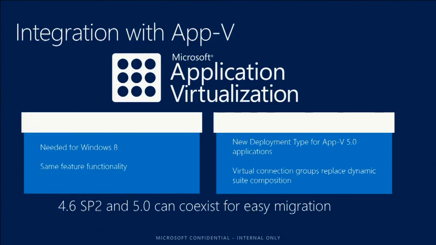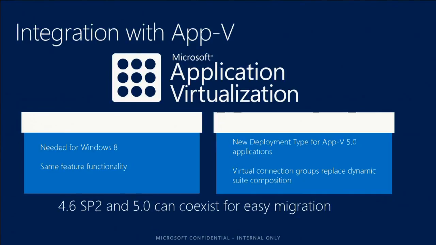So instead, we'll present to him a virtual version of that application, whether it's App-V or, if you have one of our vendors such as Citrix, they might have a XenApp version of the application, a connector for it. Present that to him so he can still use that application, but just not install it locally. So we integrate with App-V 4.6 Service Pack 2, as well as App-V 5.0.